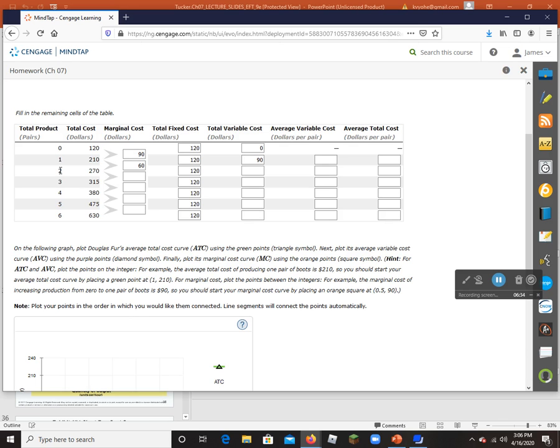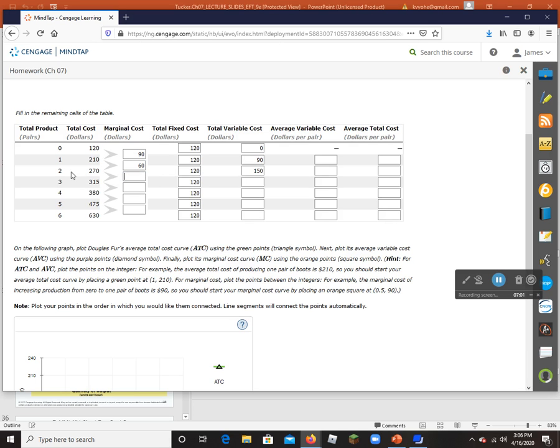It's always 1 unit changes. It's going to cost us $60 more. Now our total costs are $270 at 2 units of output, minus the 120, which doesn't change in fixed costs, that leaves us $150 in total variable costs.